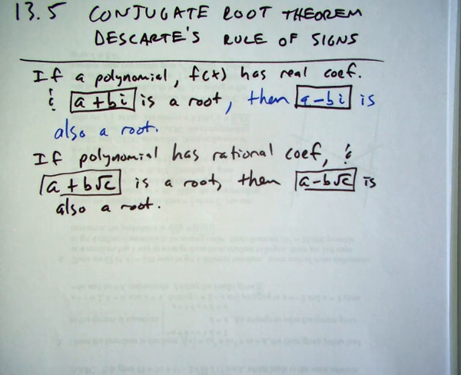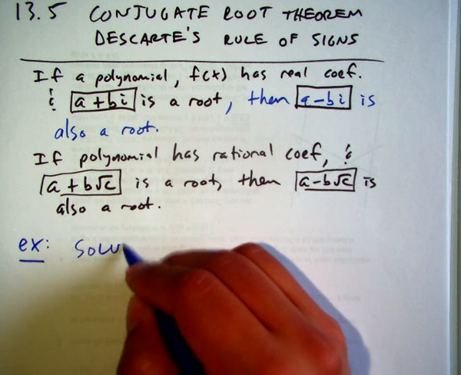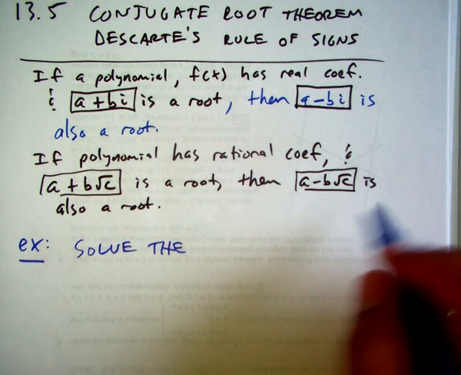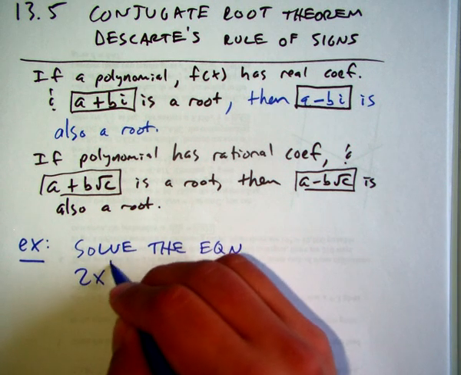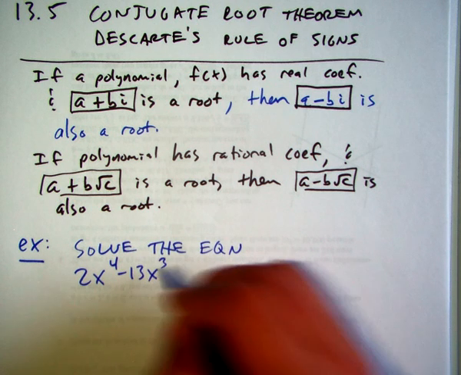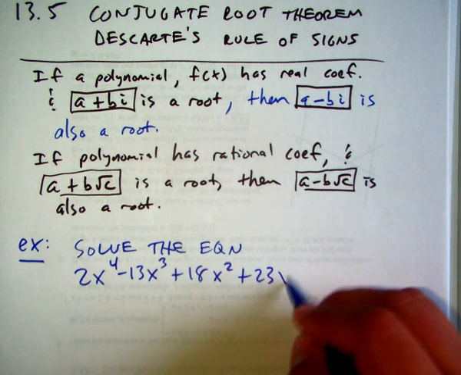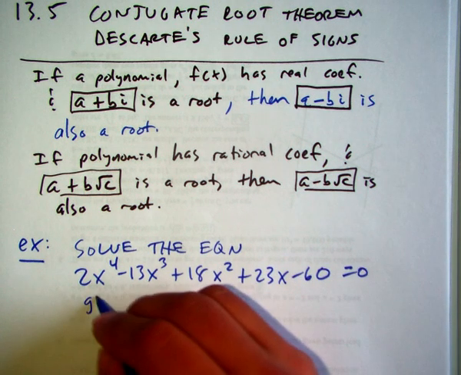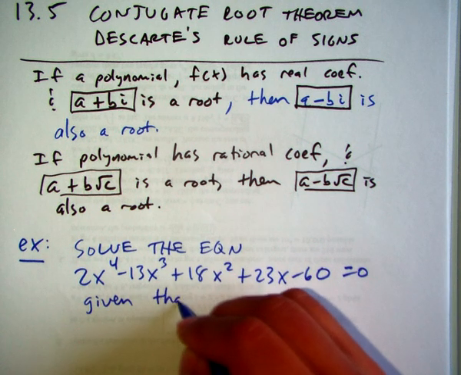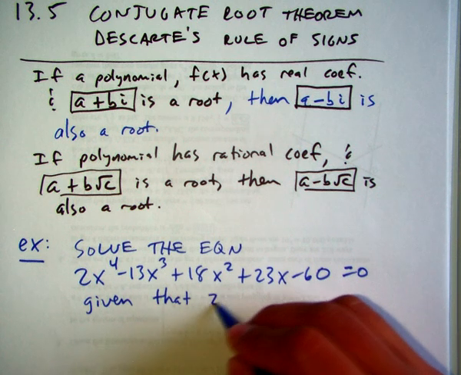So we'll do a quick example. Solve the equation 2x to the 4 minus 13x cubed plus 18x squared plus 23x minus 60 equal to 0, given that 2 plus i is a root.